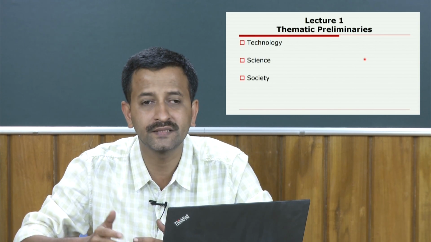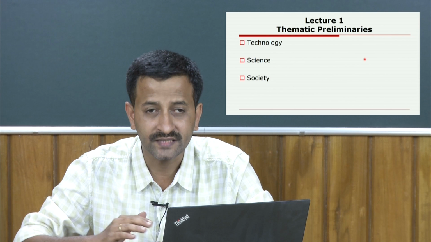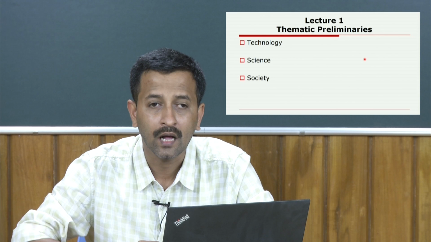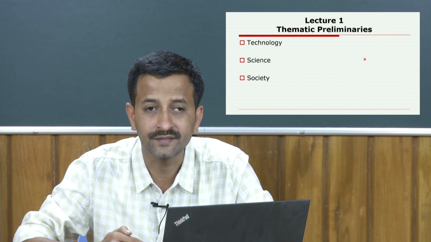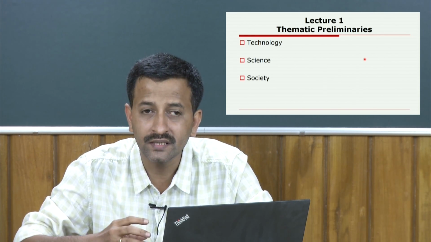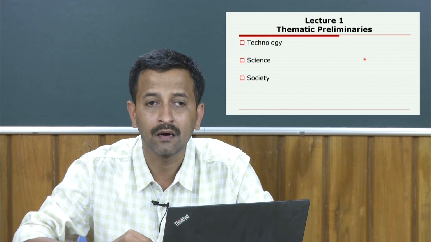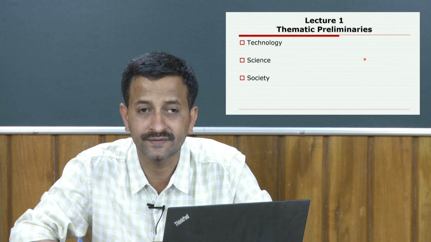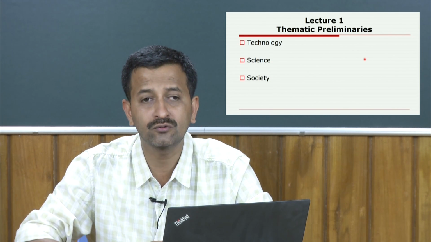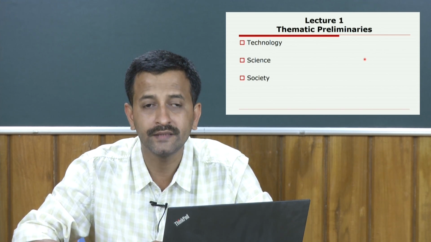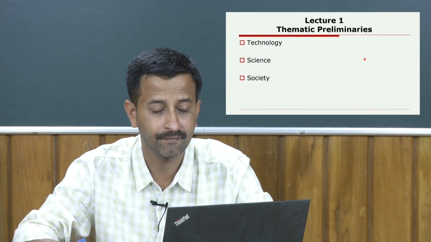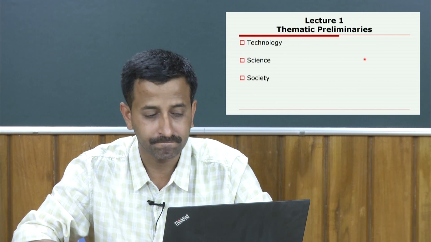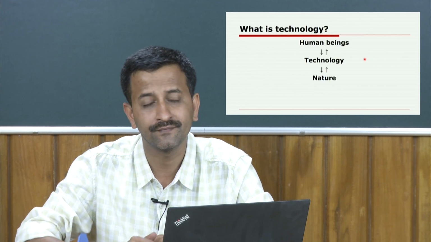We can give numerous examples, but for the time being, we want to look at what are the contours of technology, how technology has evolved, what are the theoretical predicaments of technology. Similarly, we will also look at science and its intellectual and political contours, and also the relationship of technology and science with society.